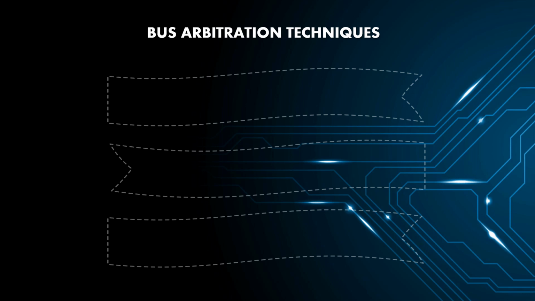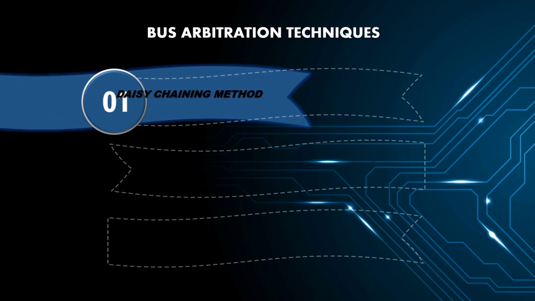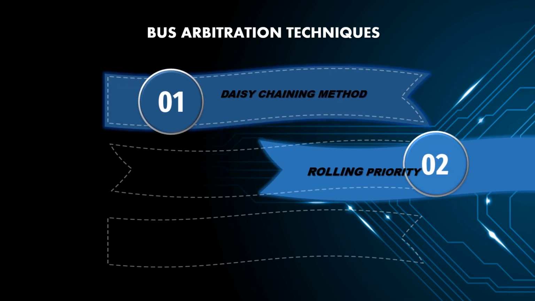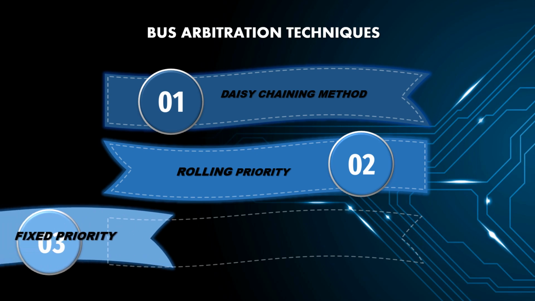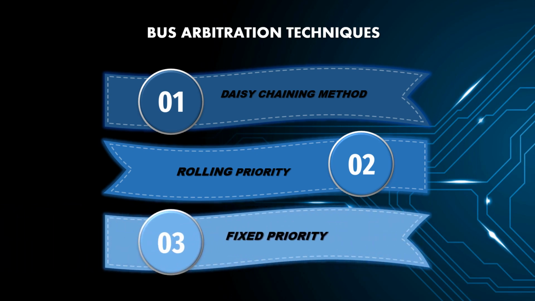Here are the bus arbitration techniques. First one is daisy chaining method. Second one is rolling priority method. Third one is fixed priority method.